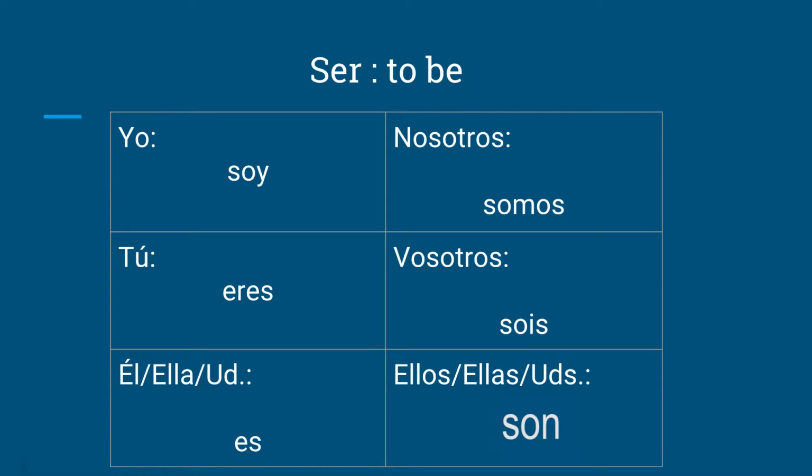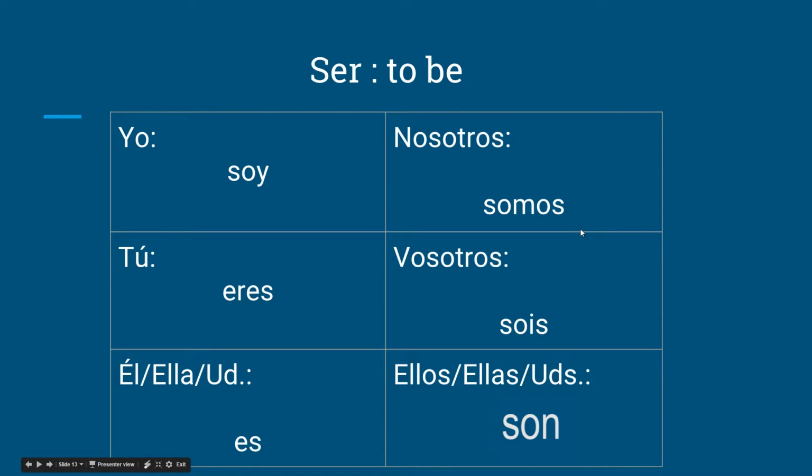Alright. And here we have ser. This is a little different because it's not a normal ER verb. As you can see, you put soy for yo, eres for tú, es for él, ella, and usted, and so on. So don't consider this a regular ER verb.